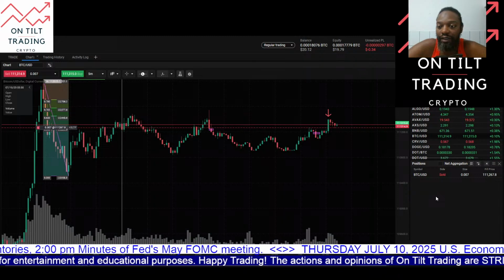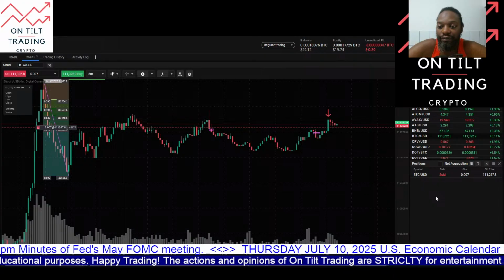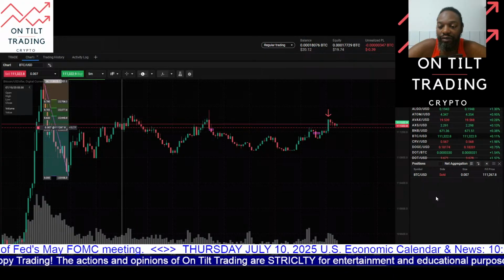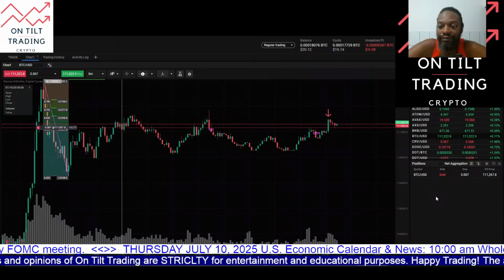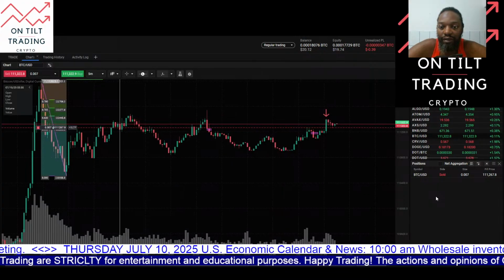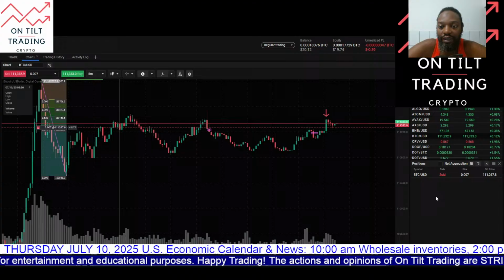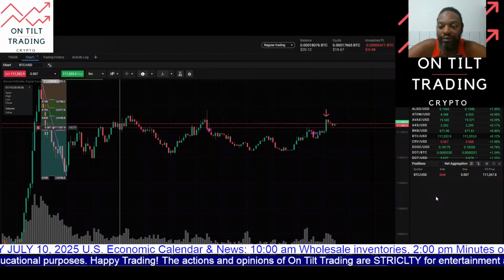Getting some buy side delivery here. Price trading near the 111,320 level. And that candle closes as an inside candle.